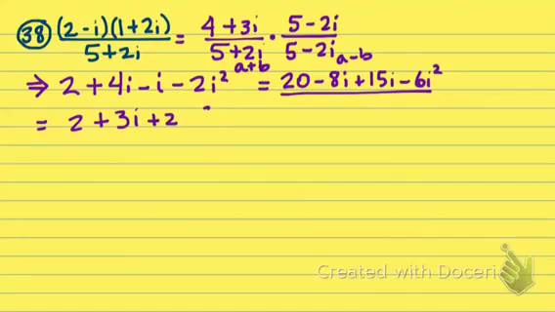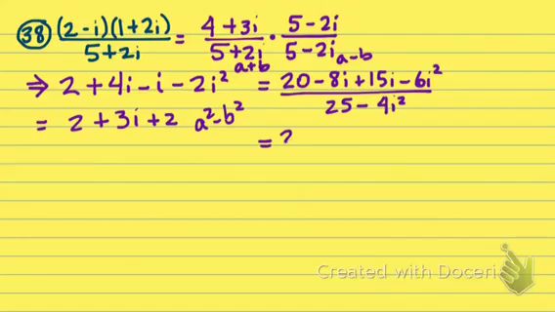Let me see if I can get that a little neater for you. A squared minus b squared is what's going to go on the bottom. So if I square 5, I get 25. If I square 2i, I'm going to get 4i squared on the bottom. Alright, so now let's clean that up and we'll have our answer.